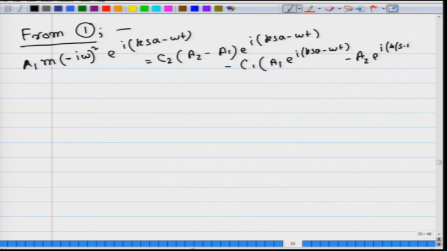This will be s minus 1 a, because it was (s minus 1) a minus omega t.